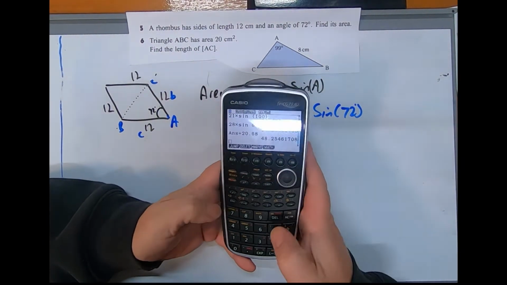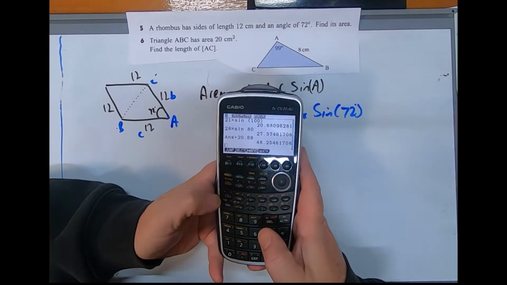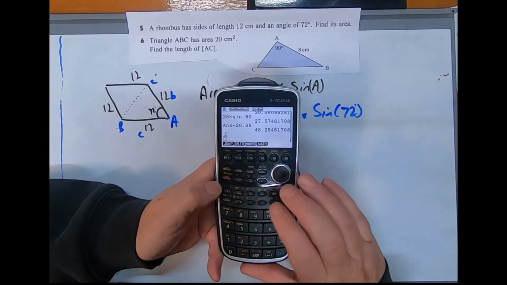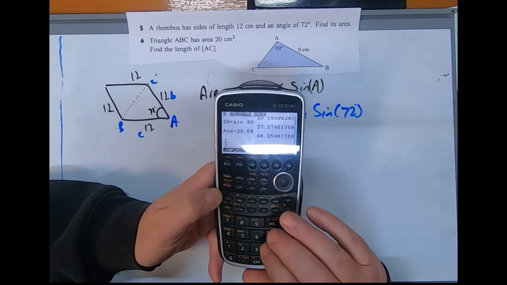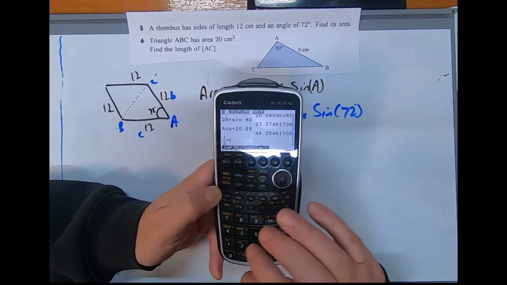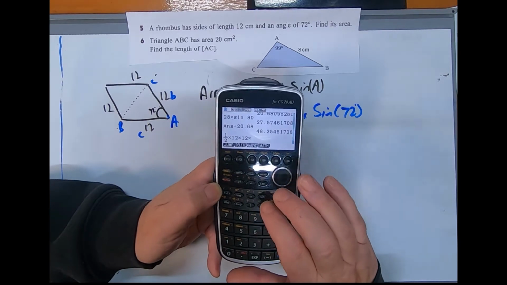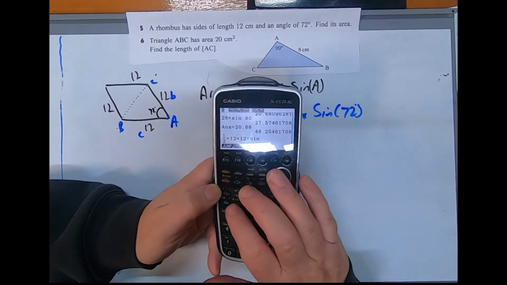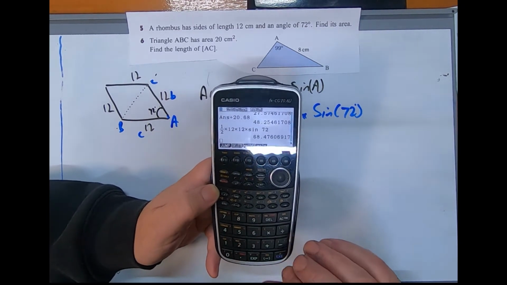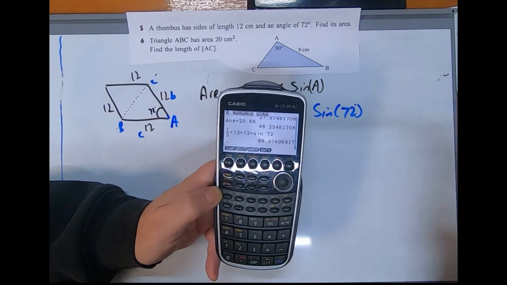So, fraction tool. 1/2 times 12 times 12 times sin 72 is 68.5. Should we call that?